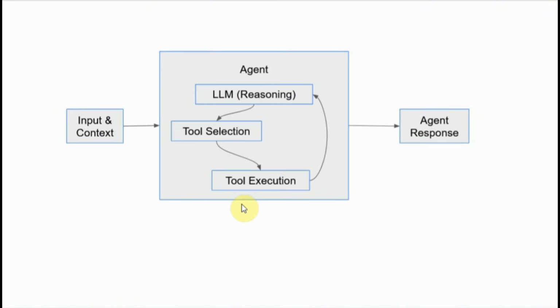We have already mentioned that once the input and context reach the agent, the LLM will have to do the reasoning, and if the input and context contain any request for some action, this action will be recognized, and if there is a corresponding tool, the corresponding tool will be selected. Once this tool is selected, the LLM will also extract the necessary inputs for that tool call, and from this point, the tool will be executed.